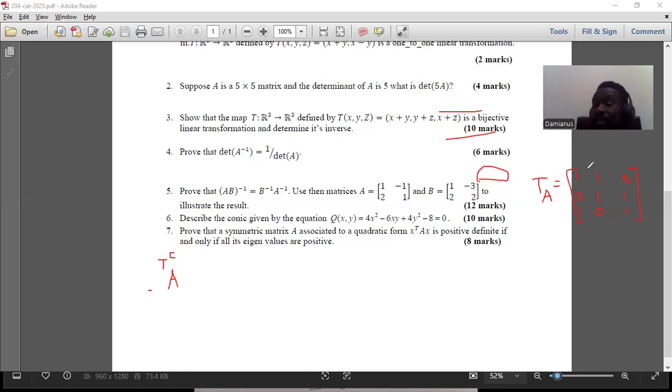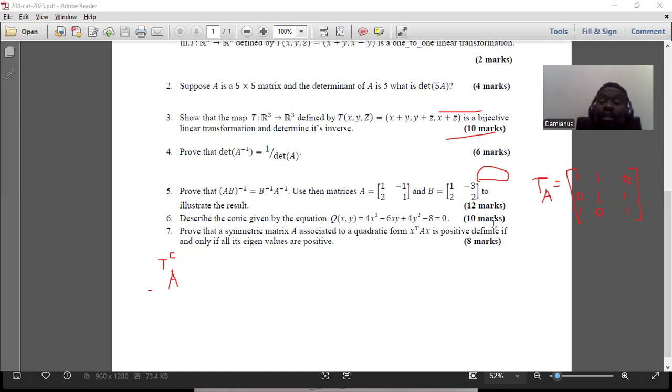The cofactor of 1 will just be the determinant of this matrix multiplied by 1. The cofactor of this 1 will be minus 1 times the determinant of the matrix you get by deleting this row and this column, all right? And so on. That's how you're getting cofactors. So you find the inverse of this matrix. It's not too complicated using the cofactor method. That's one way of doing it.